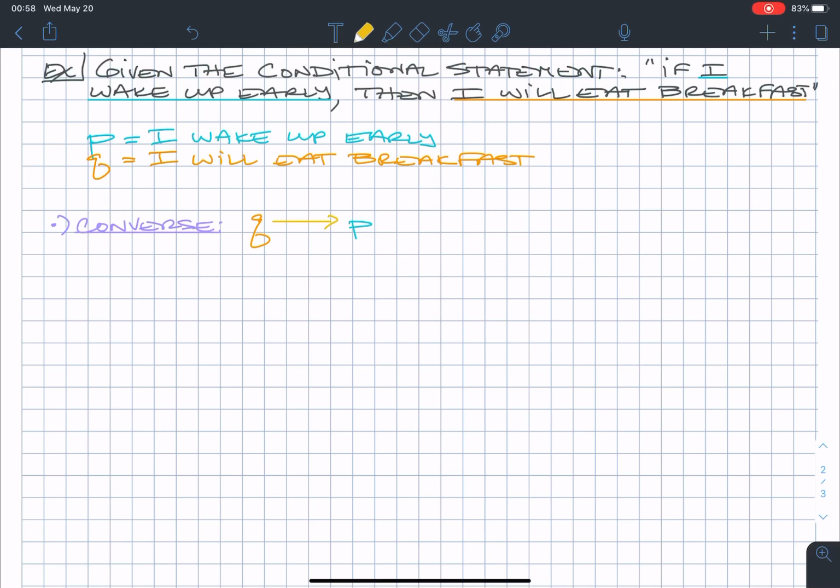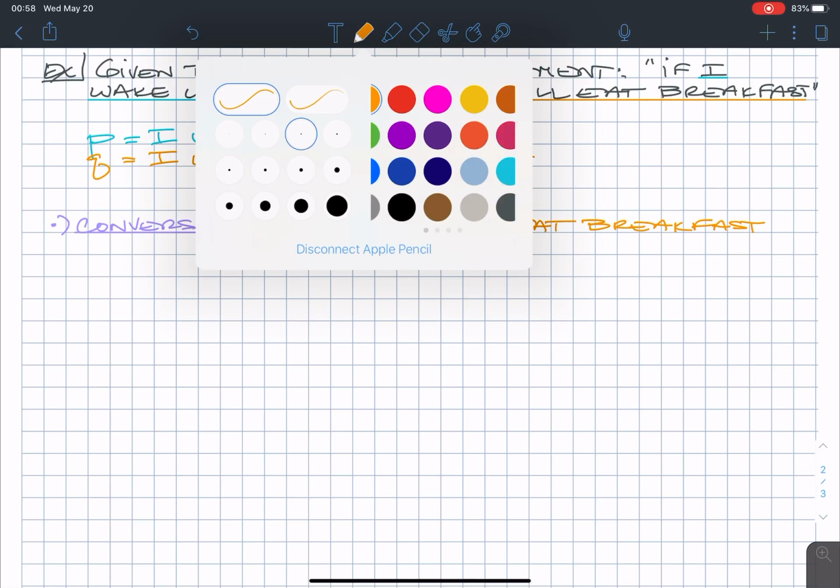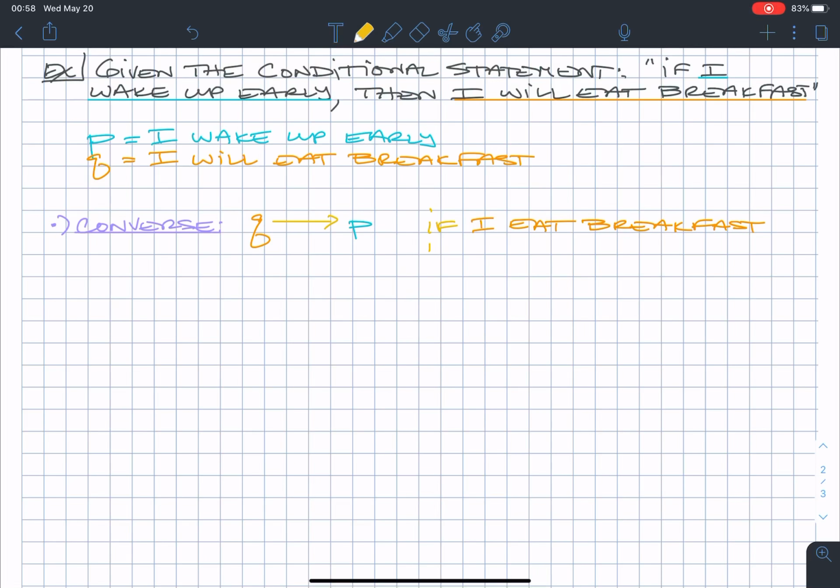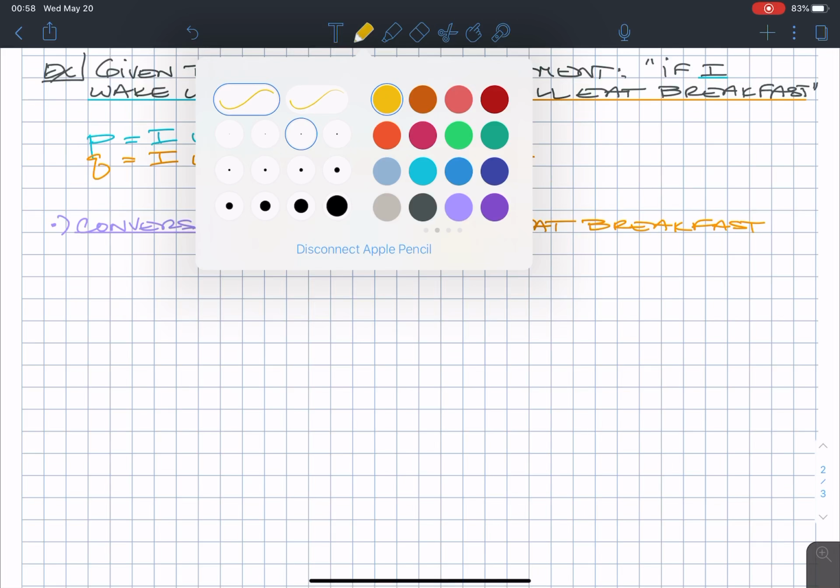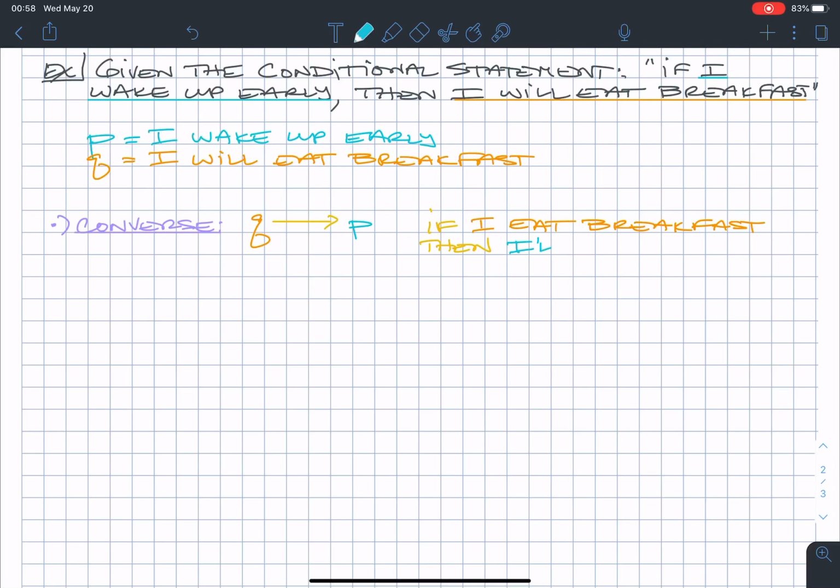Well, this is stated if I eat breakfast, and I can change the English a bit to work, then I'll wake up. So this would be the converse, right? Q implies P.